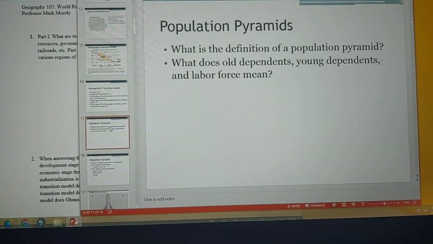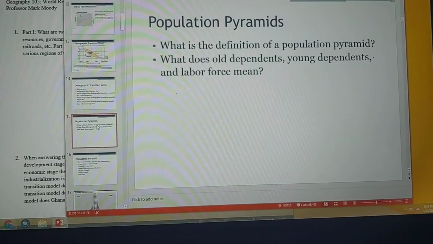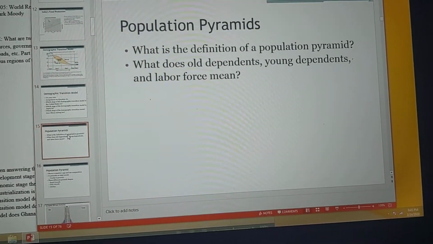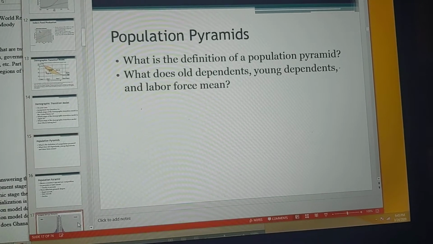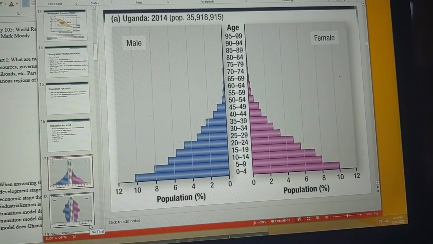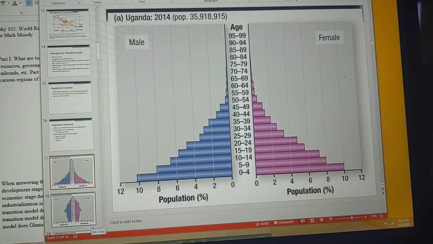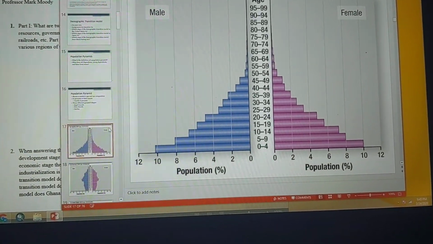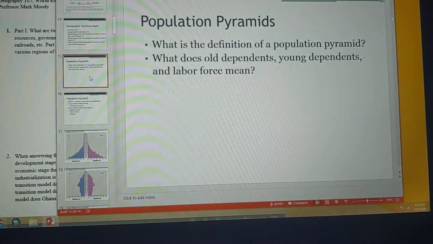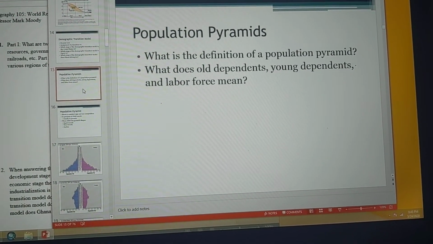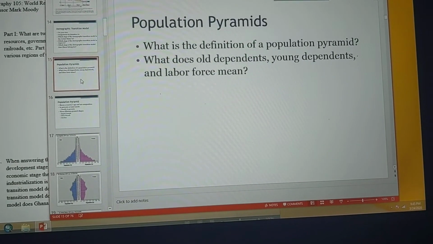Okay, so welcome back, everyone. So what we're going to do now is we, of course, are going to do the population pyramids, okay? A population pyramid, I'll go ahead and show it to you, looks at a country's male to female ratio and also the age cohorts. So again, looks at the male to female ratio and the age cohorts, okay? And there are different stages here.